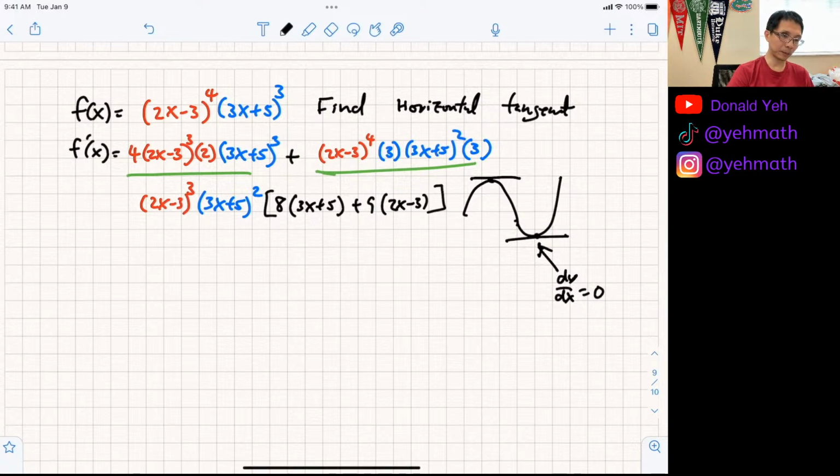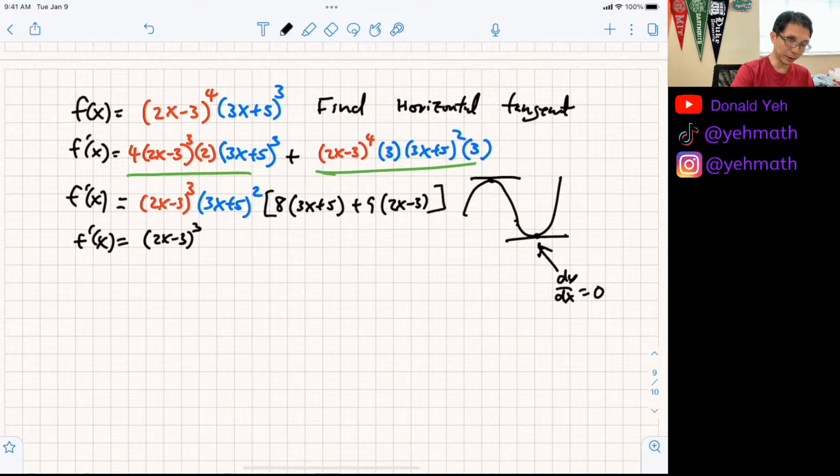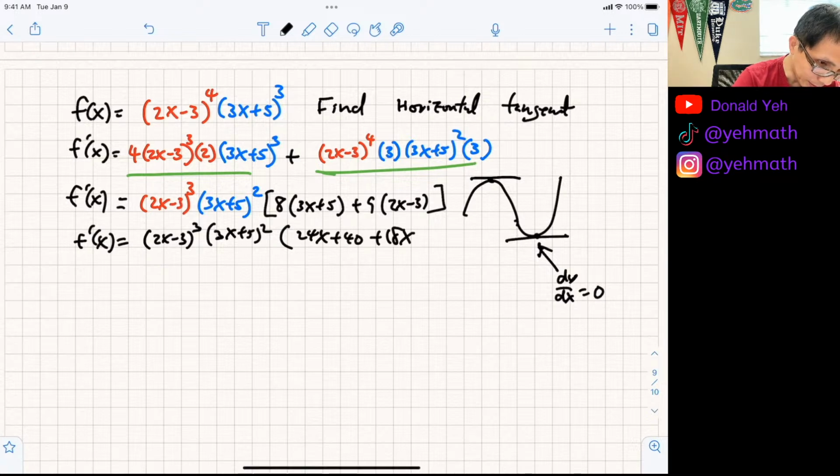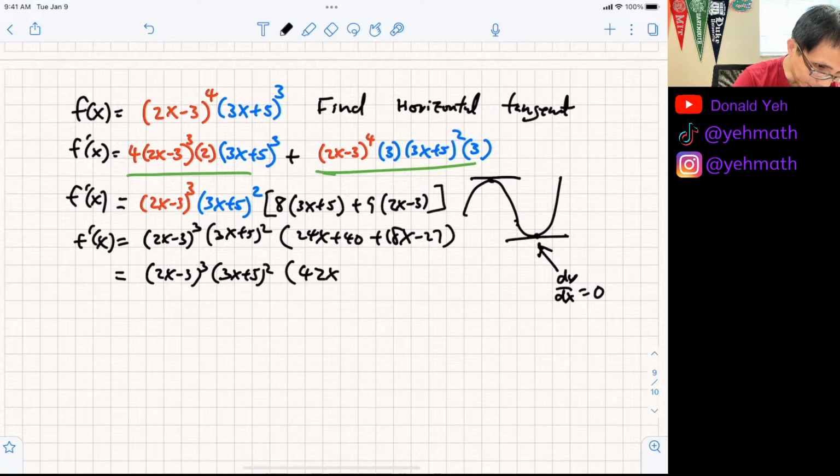Does that make sense or no? And then f prime of x is equal to (2x minus 3) to the third, (3x plus 5) to the second, times (24x plus 40 plus 18x minus 27), which is equal to (2x minus 3) to the third, (3x plus 5) to the second, times (42x plus 13).